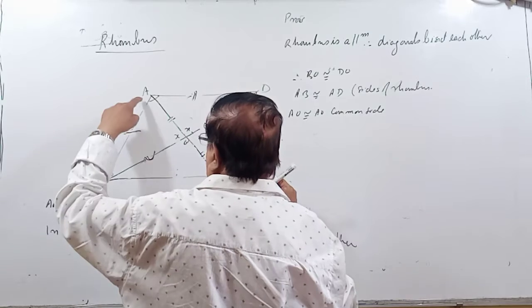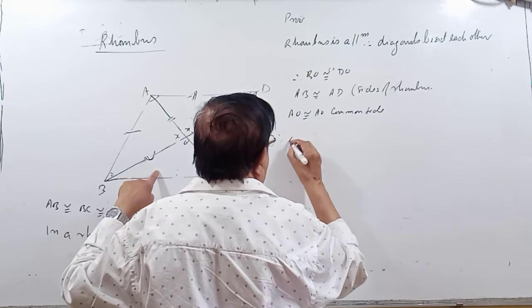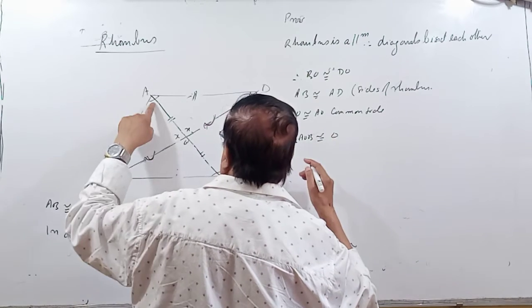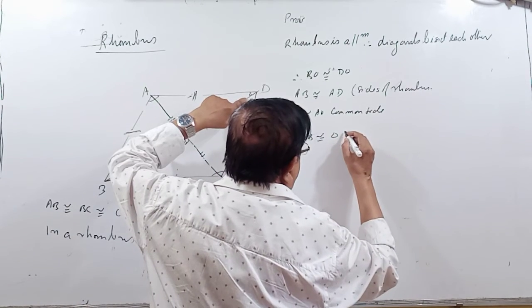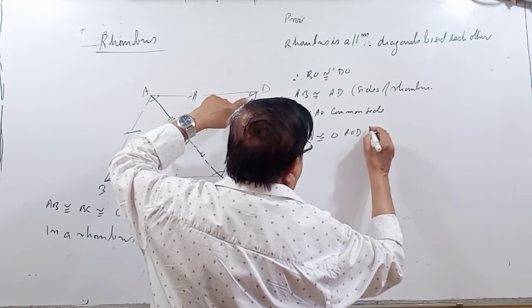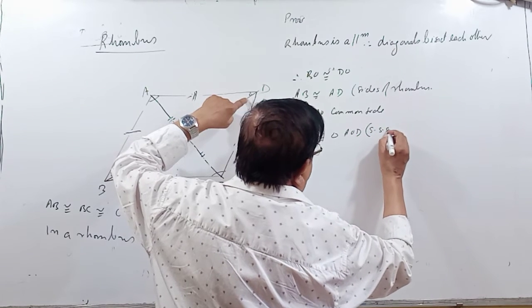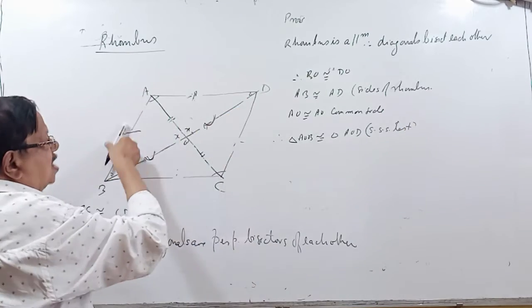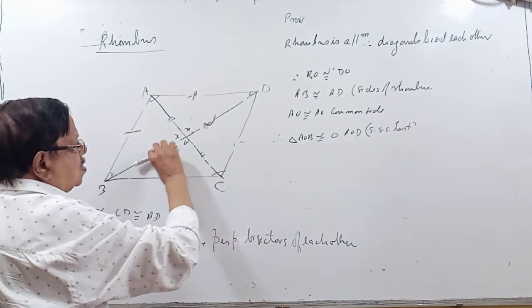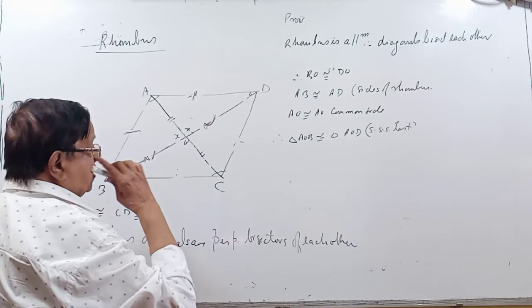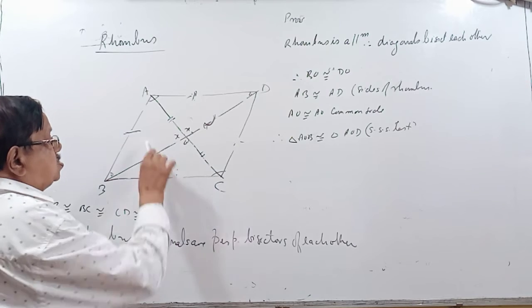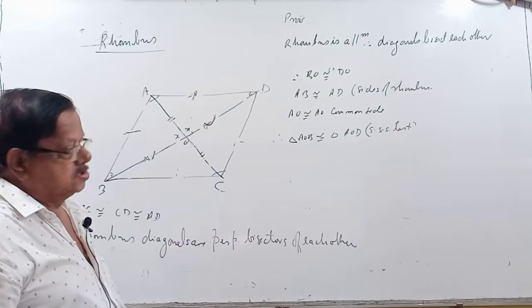Therefore, triangle AOB is congruent to triangle AOD by SSS. So this is equal to this, sides of the rhombus. This is equal to this, diagonals bisected, and this is the common side. Here, these two triangles are congruent by SSS.